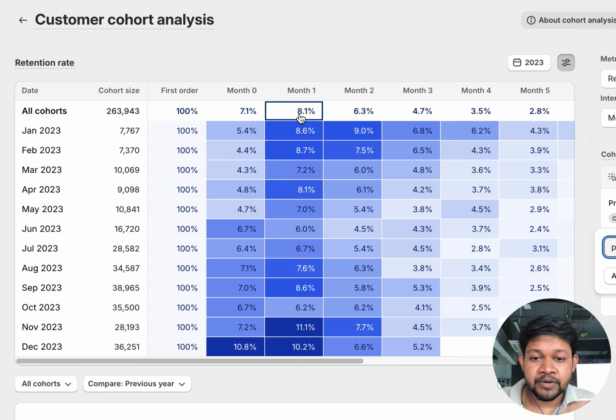So remember 7.1, 8.1, 6.3. Anything greater than these numbers, with a good volume of new customers, is actually a good product, and we should keep acquiring more and more customers using that product.